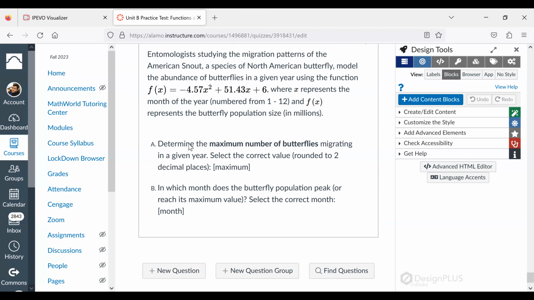Okay, cool. So 1 is January, 12 is December, who cares? Determine the maximum number of butterflies migrating in a given year. Select the correct value. Round it to 2 decimal places. In which months does the butterfly population peak or reach its maximum value?